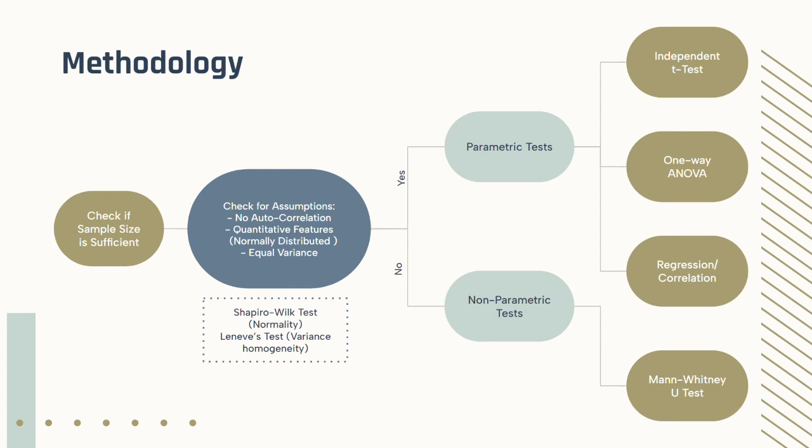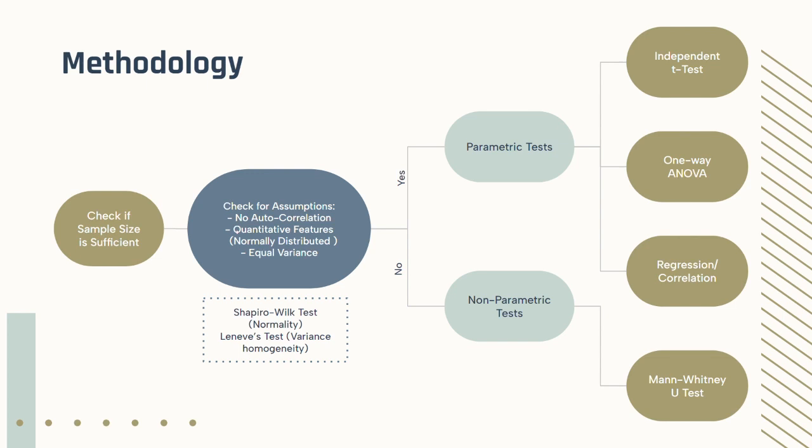The third assumption was equal variance. It can be interpreted as the features of interest belonging to the same population, and to check this, we used Levene's test, which is a test for variance homogeneity.